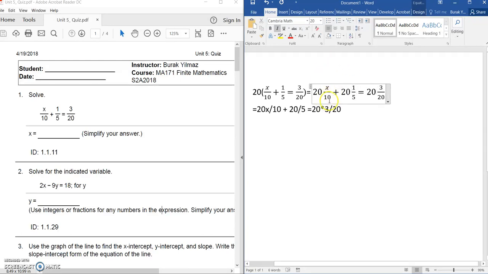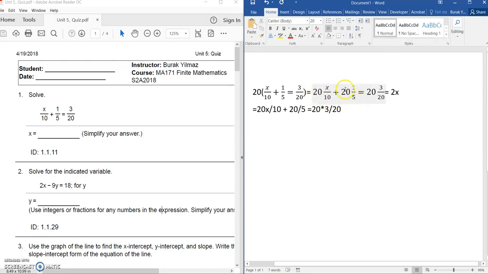When I do that, the 10 goes into the 20 two times, so the very first term would be just 2x, because there's no more denominator.